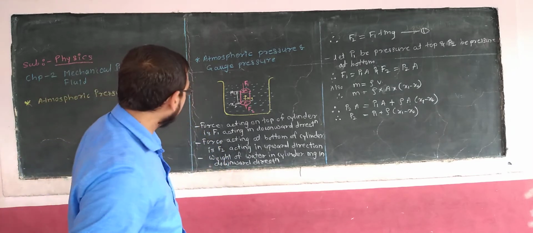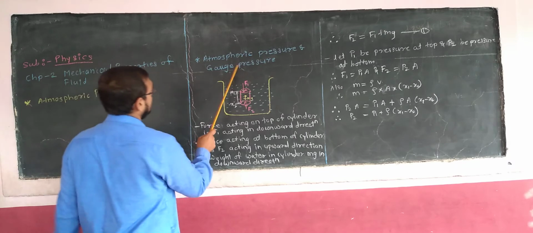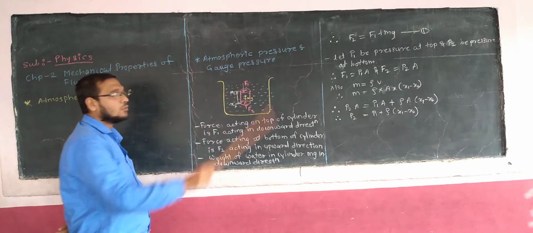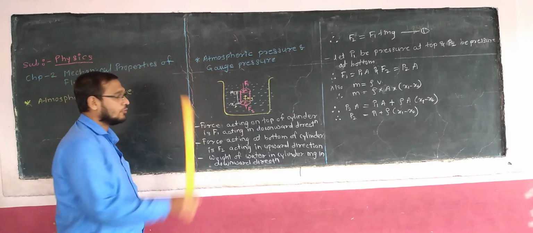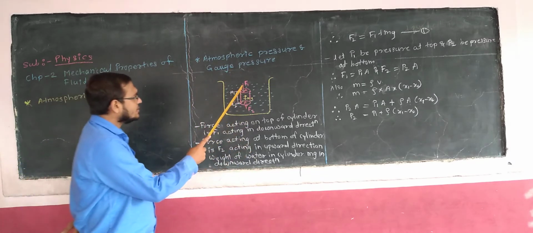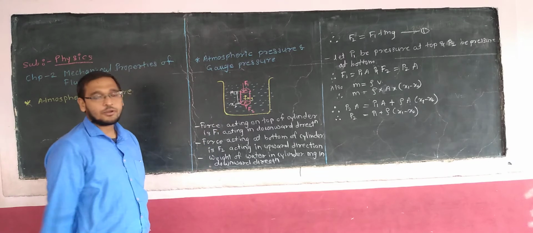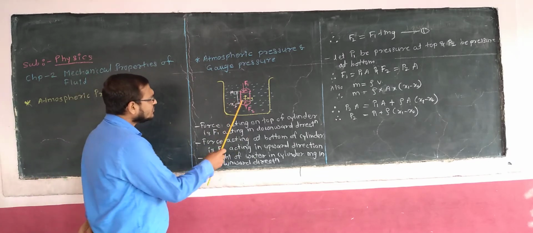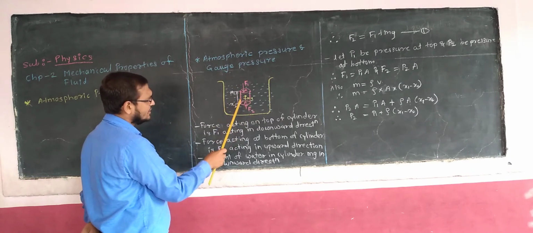So let us see atmospheric pressure and gauge pressure. Consider a vessel filled with water, and inside this vessel is immersed a cylinder. Let h be the height of the cylinder.